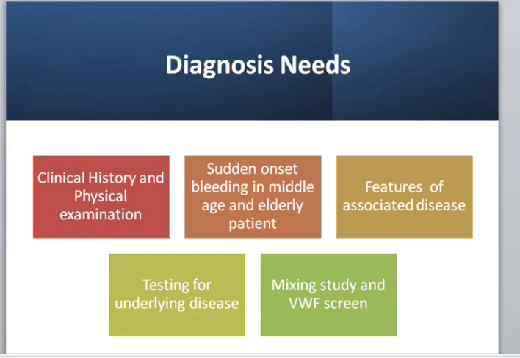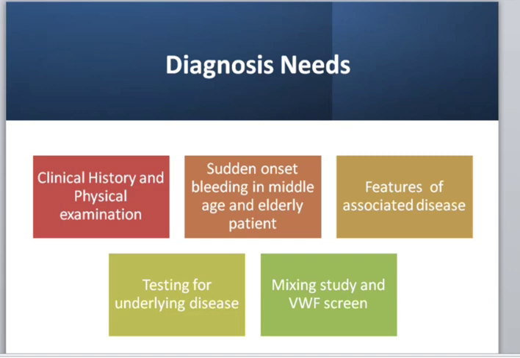Diagnosis needs a thorough bleeding history: the patient's personal bleeding history, family history, previous surgeries, whether they were complicated by bleeding or not. Usually the onset of bleeding is sudden and in the middle to elderly age. The majority of patients you will see are in the elderly age.